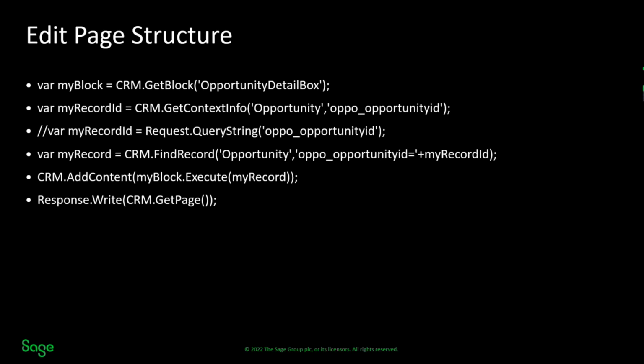There is a clever bit associated with edit pages, and that's to do with the internal buttons that automatically appear. So let's look at what's happening here. We've got an opportunity detail box, another bit of metadata that is being obtained using CRM getBlock. So the details are obtained. You can see that I'm expecting this to be used in the context of an opportunity.